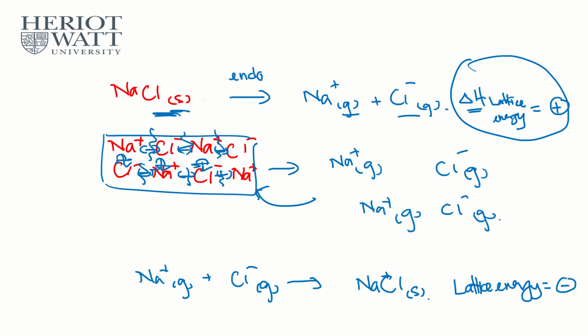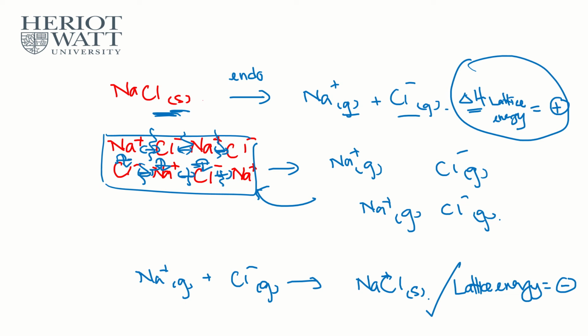And the other one, sometimes they call it lattice formation, meaning you're forming 1 mole of ionic solid. So don't be surprised when you see lattice energy with positive and negative signs, or lattice energy named as lattice formation or lattice breaking. All right, so this is lattice energy.